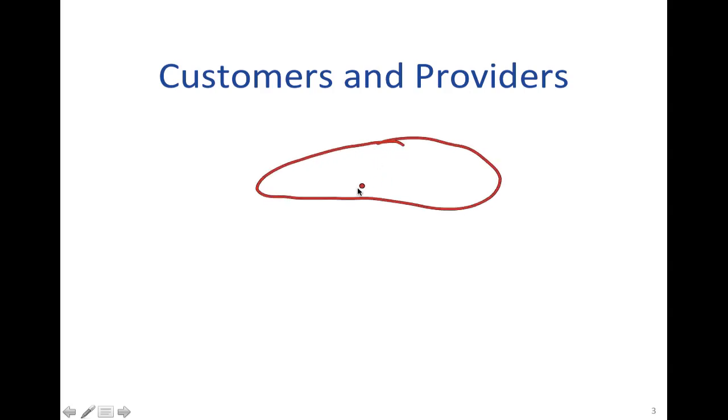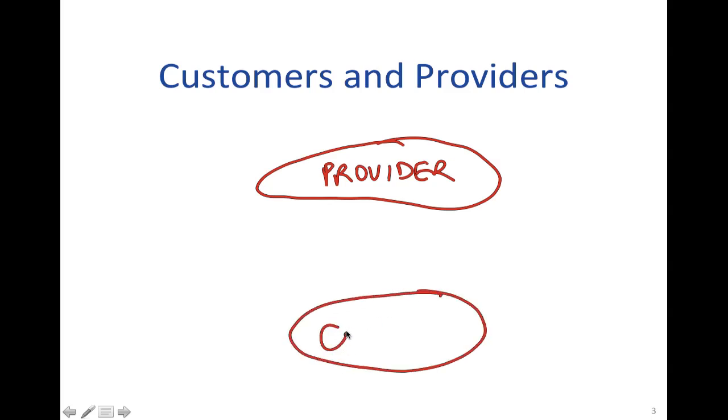So BGP4 starts with a relationship between customers and providers. Let's take a look at this. So let's start with drawing a particular AS. This would be the provider AS, the one sitting above in the hierarchy, and then the customer AS sitting below.